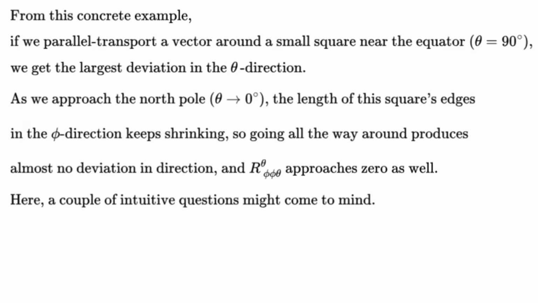From this concrete example, if we parallel transport a vector around a small square near the equator, theta equals 90 degrees, we get the largest deviation in the theta direction. As we approach the North Pole, theta approaches 0 degrees, the length of this square's edges in the phi direction keeps shrinking, so going all the way around produces almost no deviation in direction, and R^θ_{φθφ} approaches 0 as well.